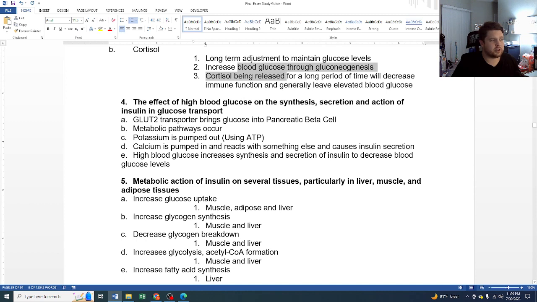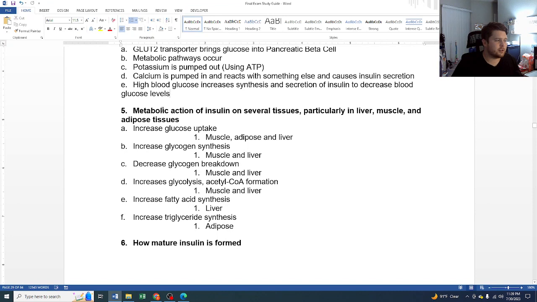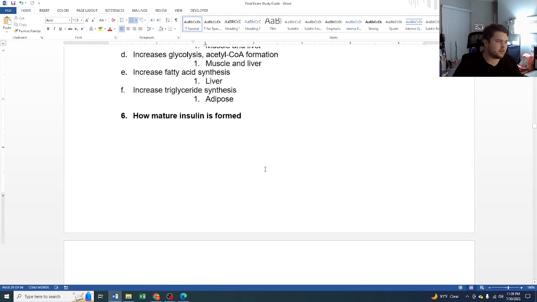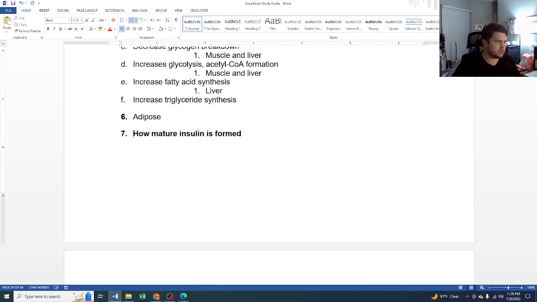The effects of high blood glucose on the synthesis, secretion, and action of insulin in glucose transport. This is a little bit more specific than we need to go into, so don't worry about that. And look at metabolic action of insulin in several tissues, particularly in liver, muscle, and adipose tissue. So again, this is literally just the same lists. It's just he kept asking the same exact questions in different ways. Then how mature insulin is formed.